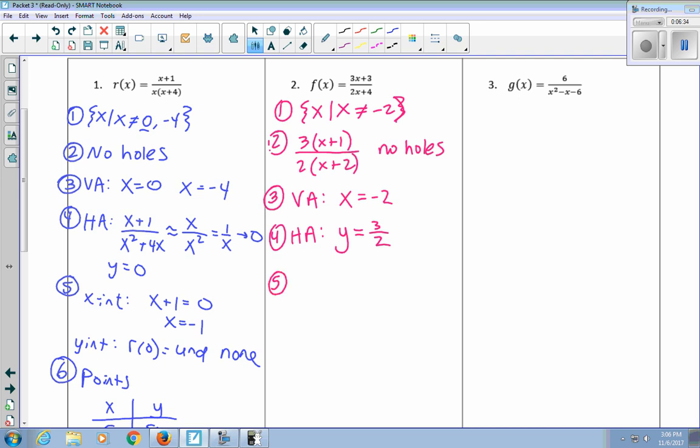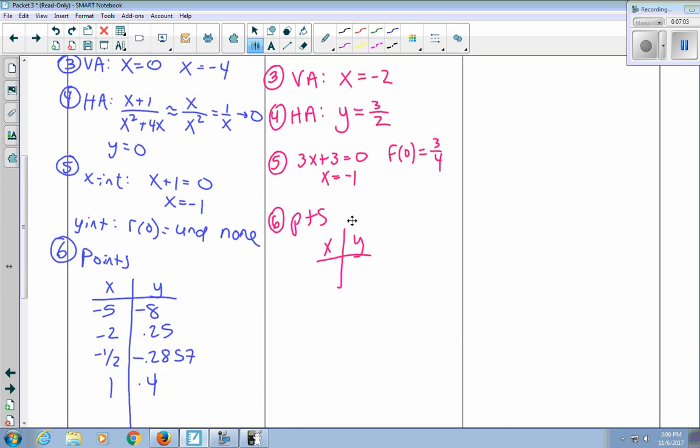So x-intercepts happen when the numerator equals 0, so that happens when x is -1. And y-intercepts happen when you plug a 0 in. F of 0 would be 3/4. And then 6, we plot some points after we draw everything else in here.